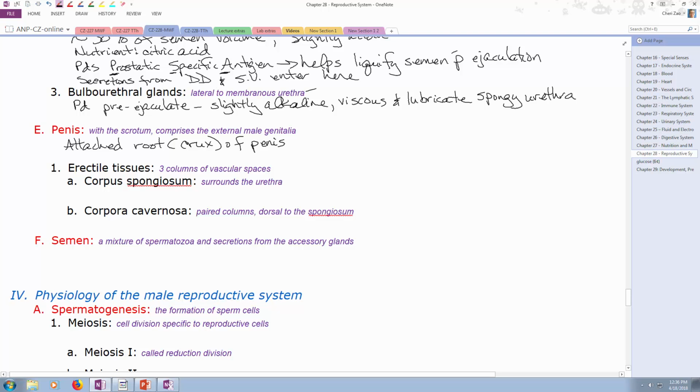Then we have a free shaft, also known as the body. And then the enlarged tip, which is called the glans penis.